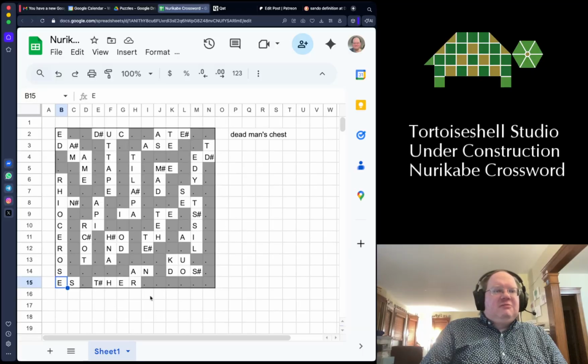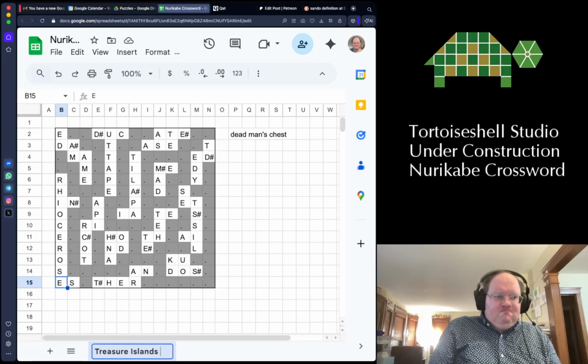So I'm going to duplicate this. So this is Treasure Islands, 202603. I'm actually putting 03 on here because I don't think this will go out until March.